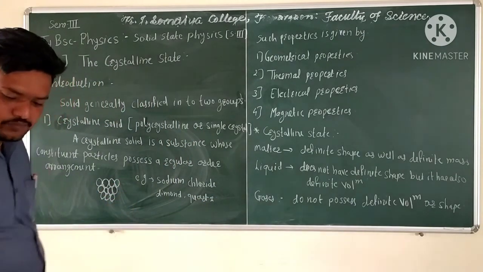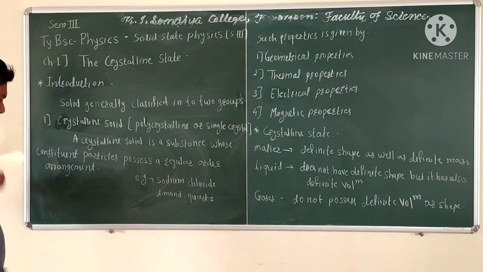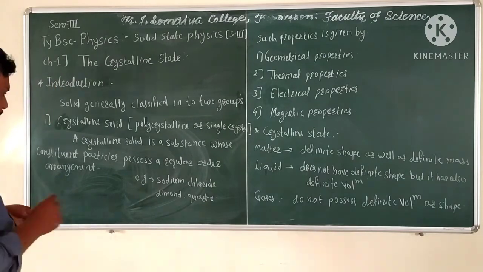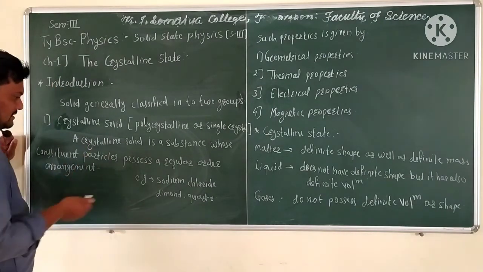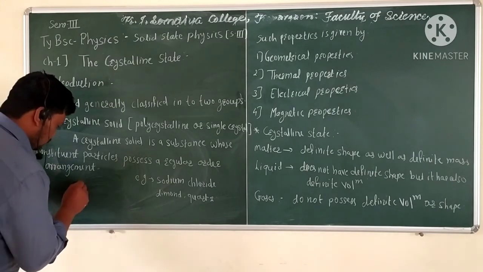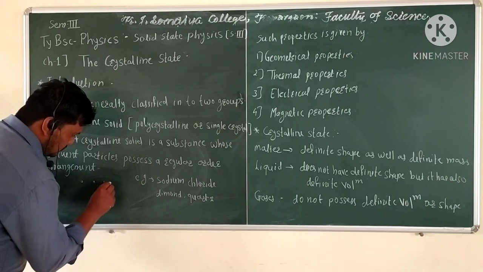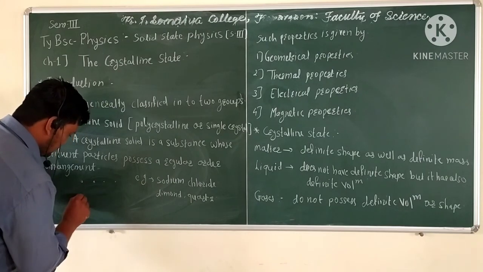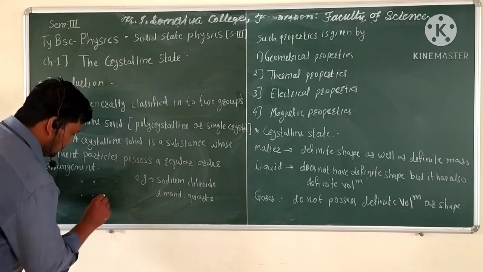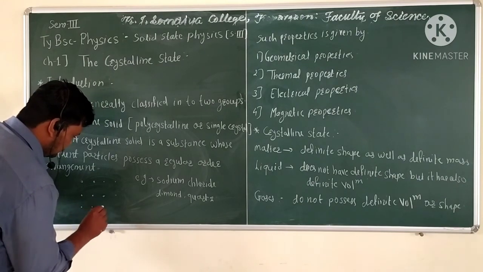So this is the next part, but I have shown here a simple idea of the type of this crystal structure, for example sodium chloride. These are the different lattice points which have a regular as well as periodic arrangement of the substance.